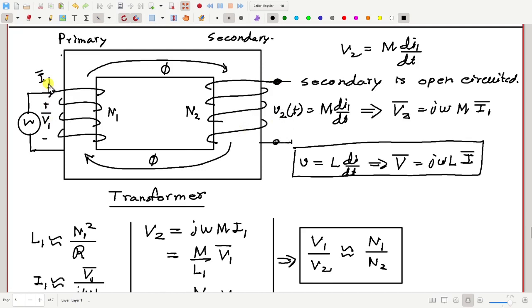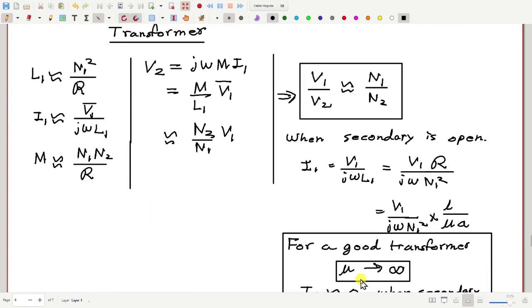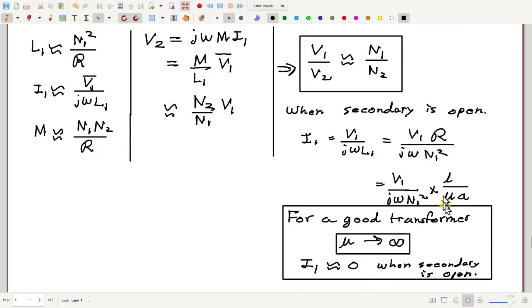This is voltage divided by j omega L1, and L1 should be very high. Why? Because L1 is proportional to mu, the permeability of the transformer, which should be very high. So therefore L1 should be very high, current should be very low.